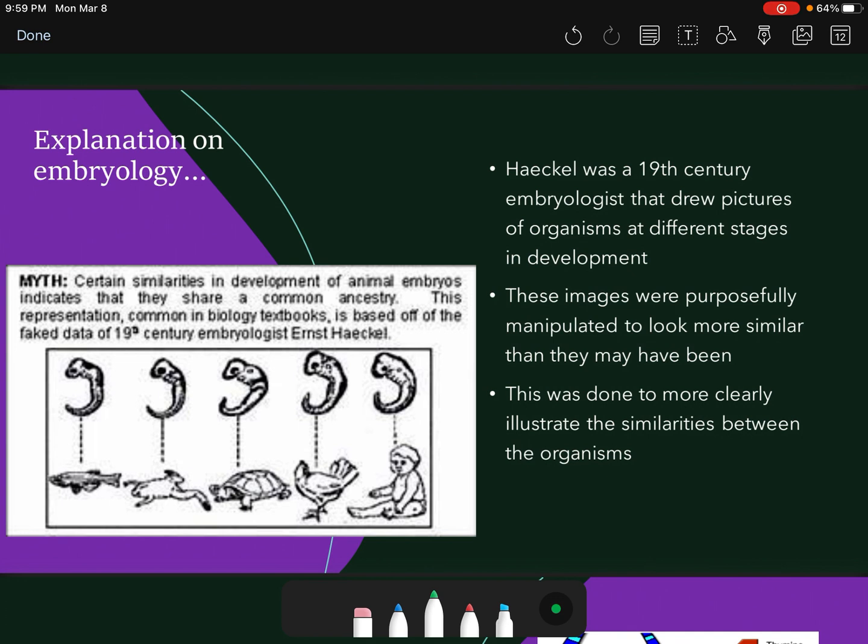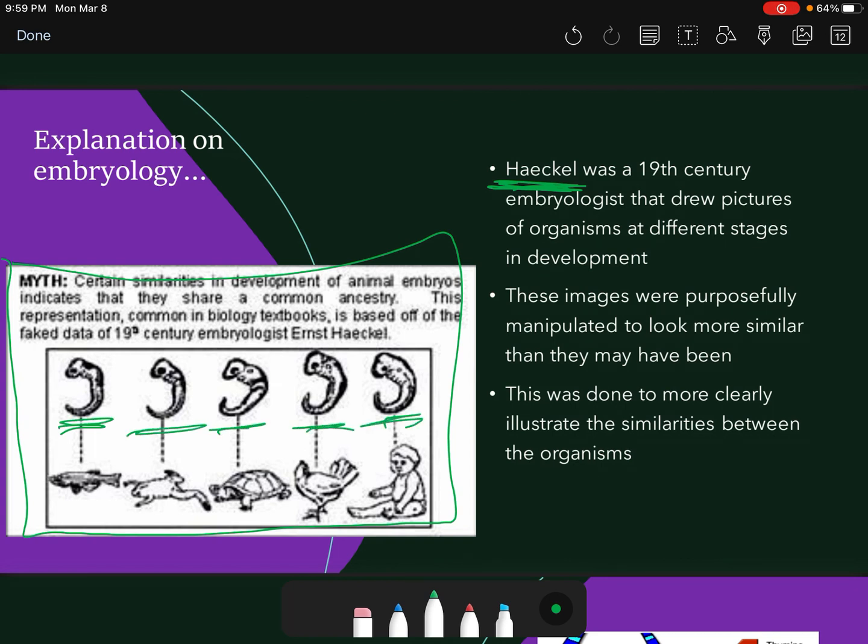Just a quick explanation on embryology. You guys, with very little research, will probably come across evidence that people use to try and disprove embryology as evidence, because in the 19th century, an embryologist named Haeckel drew these pictures of organisms at their different stages of development.